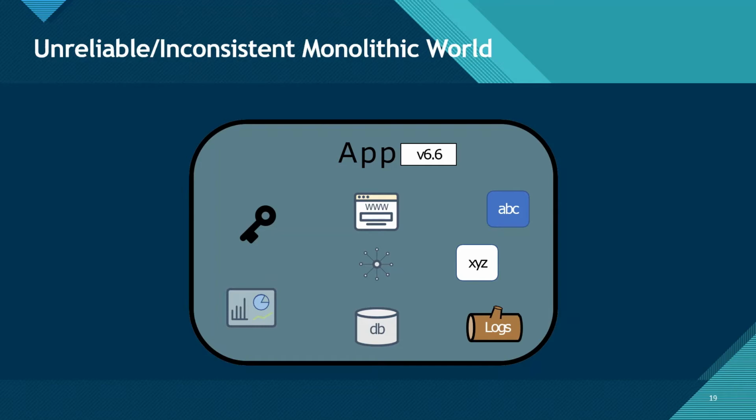And let's say you want to update just one service, let's call it XYZ service. You have to tear down or stop your whole box in order to deploy the new version of the XYZ service.